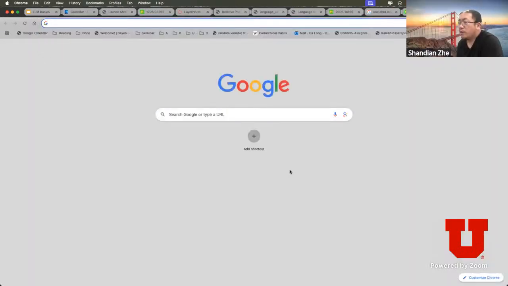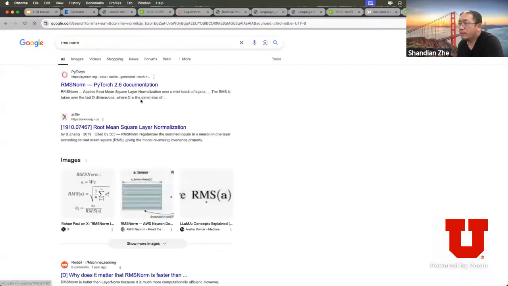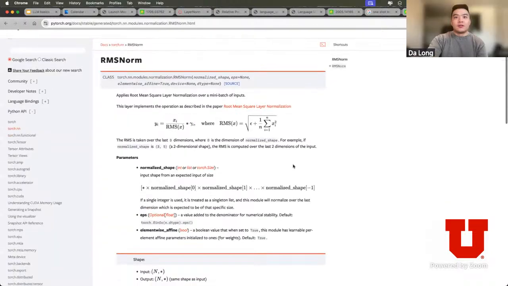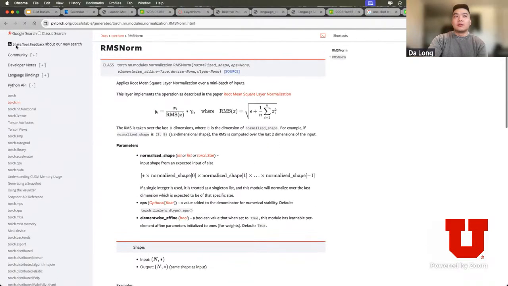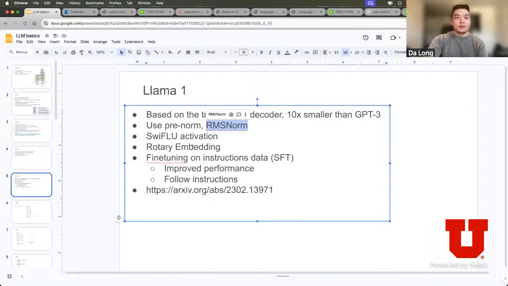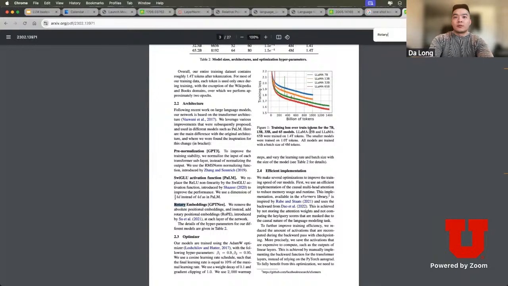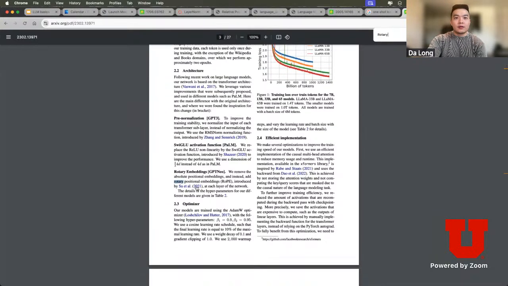And they use a different activation function, the SwiGLU activation. And the rotary position embedding is a method they propose. Oh, it's not, it's introduced by another group.